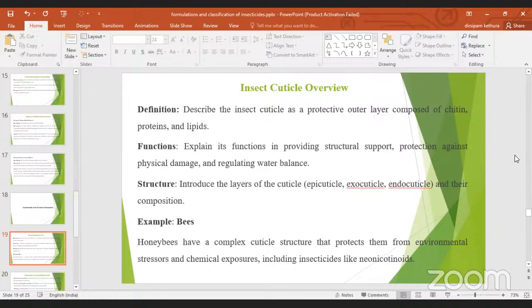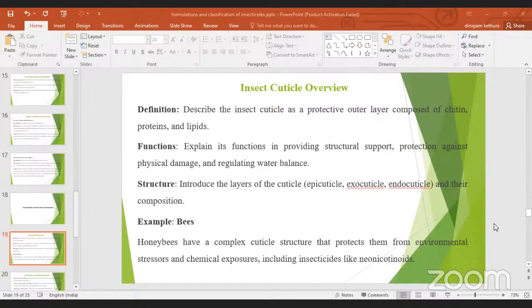And there is an example which you are seeing here. The example is honeybees or bees. Honeybees have a complex cuticle structure which protects the bees from environmental stress and chemical exposures like neonicotinoids.